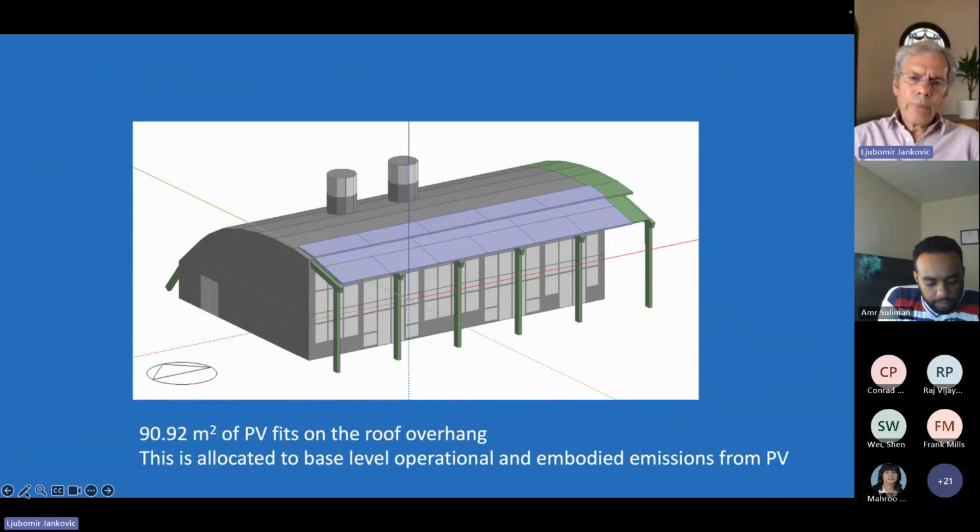And then PV system also has embodied emissions. There's 90.92 square meters of PV that can fit on the roof overhang, and this is allocated to base level operation and embodied emissions from PV.